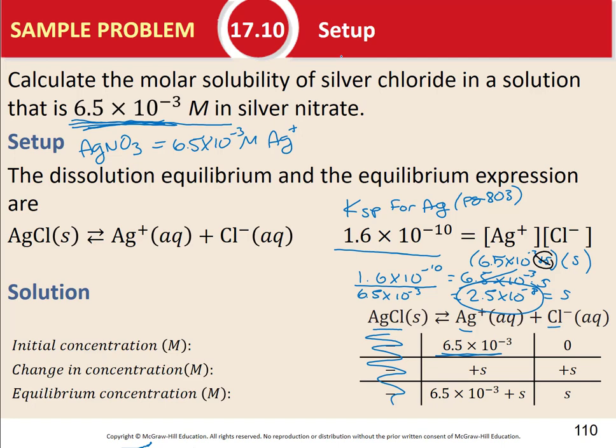So what if the question was in a solution that is 6.5 times 10 to the negative 3rd silver sulfate, where you have silver squared? Good. So if it was silver sulfate, well, silver sulfate's not soluble itself, but let's pretend it was. If it was something that had 2 silvers, then when we go from this step to here, we would have doubled its concentration.